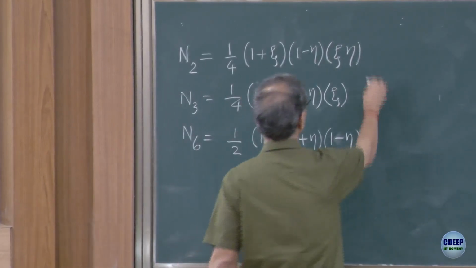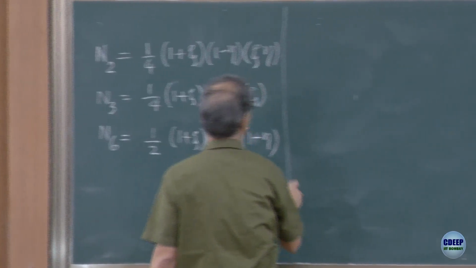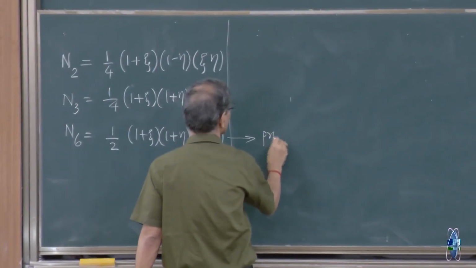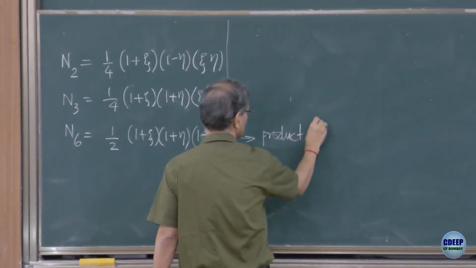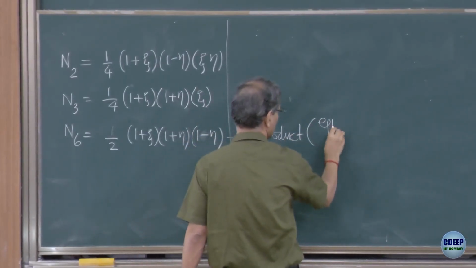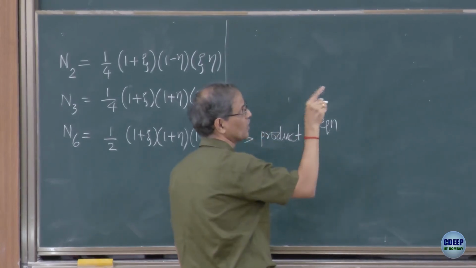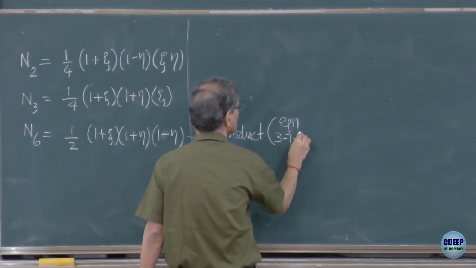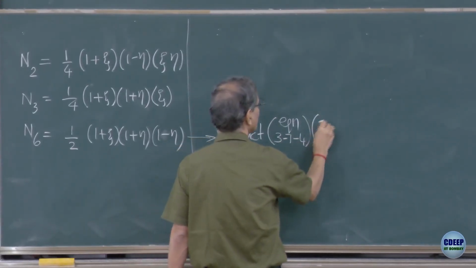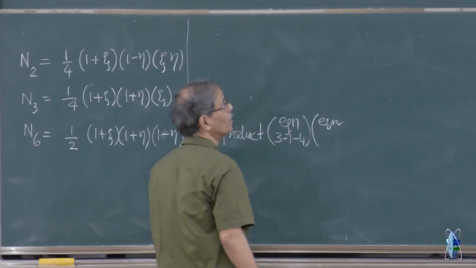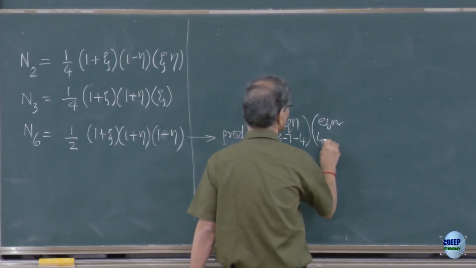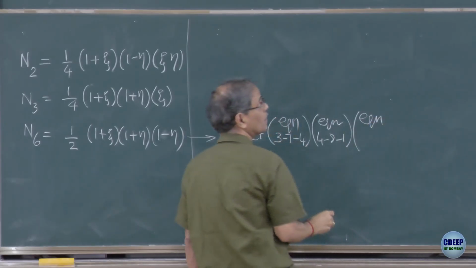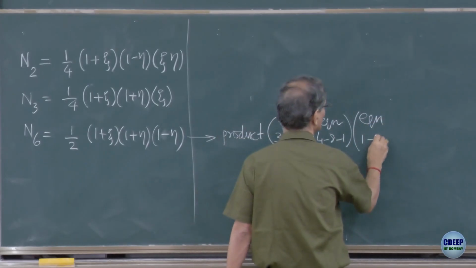So suppose I am looking at N2 or N6, let's say, the easier one. So if I take the product of the equation of N6 I want, right? So 3, 7, 4, 4, 8, 1, 1, 5, 2.